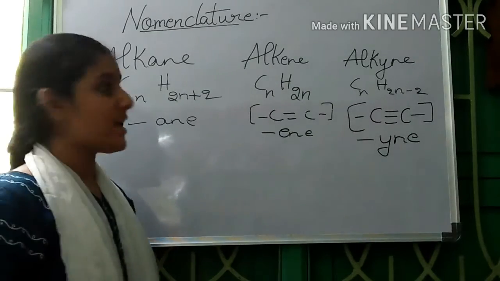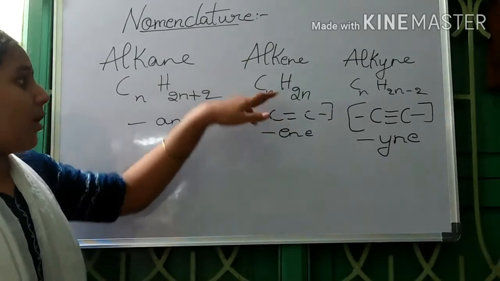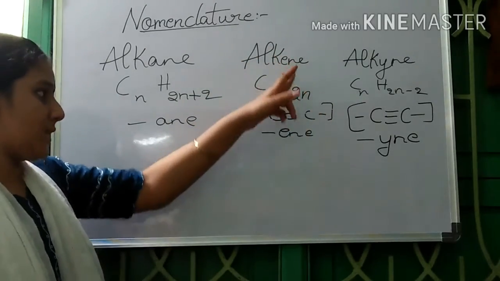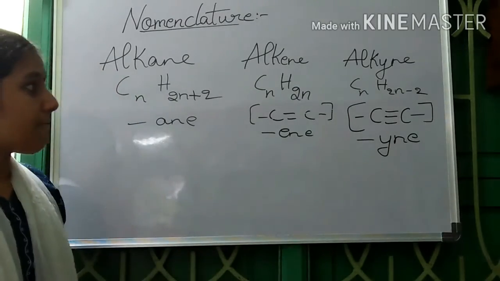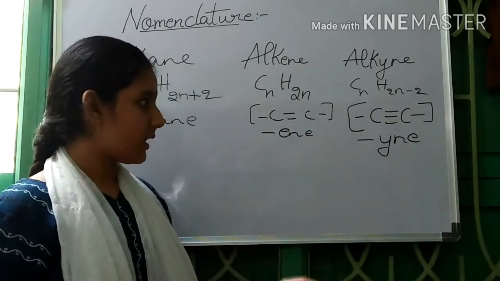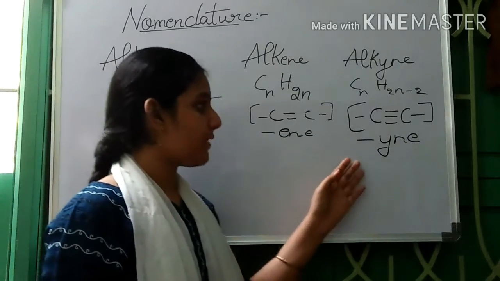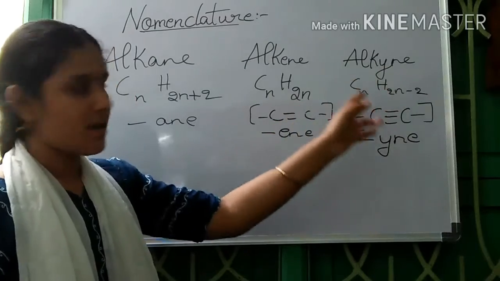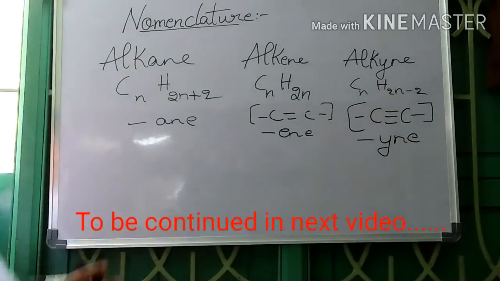If it contains a double bond, an unsaturation, and follows CnH2n, then it is an alkene and the suffix is ene. If it has a triple bond between carbons, then the suffix is yne, Y-N-E. It follows the CnH2n minus 2 general formula.